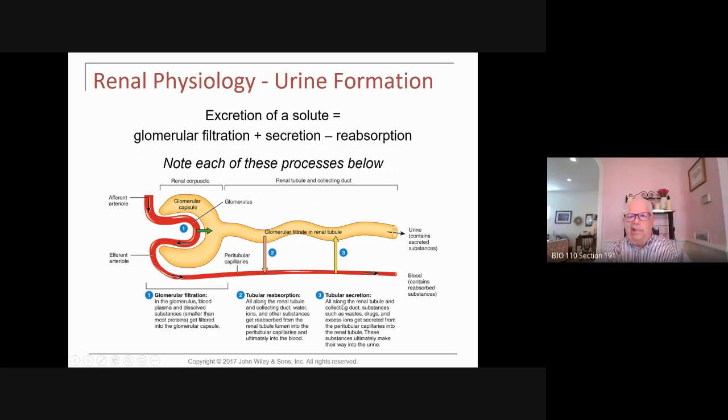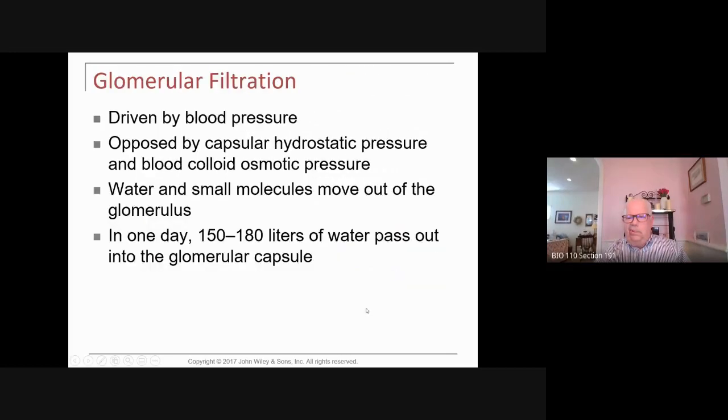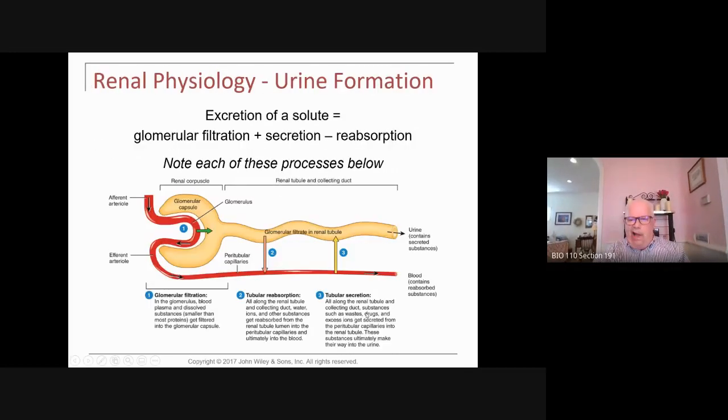And then you have secretion. All along the renal tubule and collecting duct, substances such as waste, drugs, and excess ions get secreted into the renal tubule. These substances ultimately make their way into the urine.